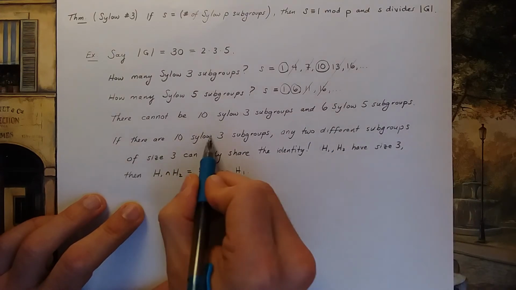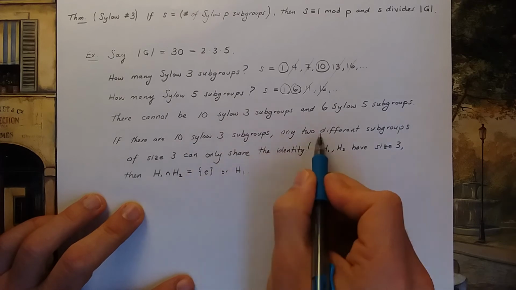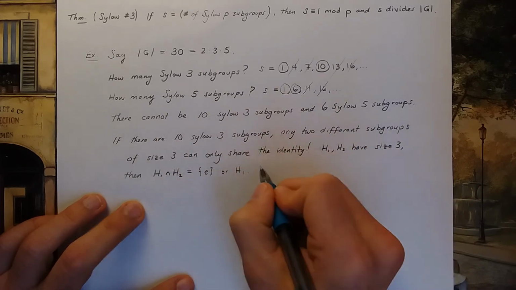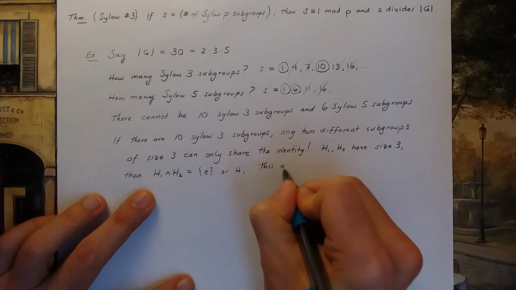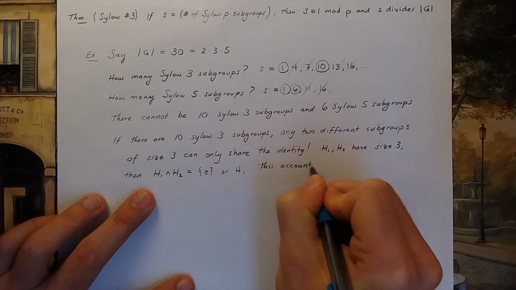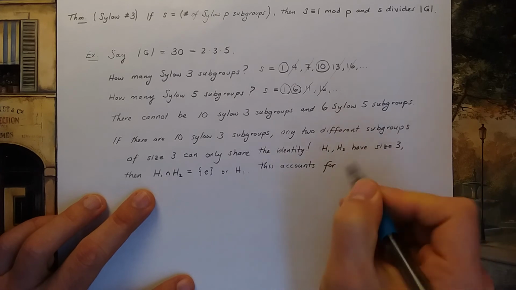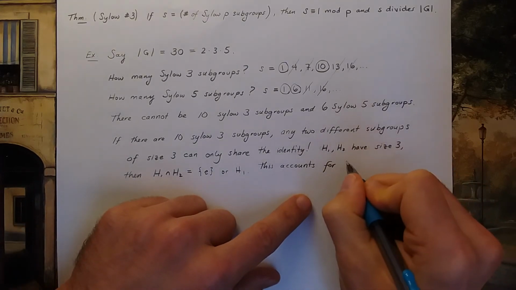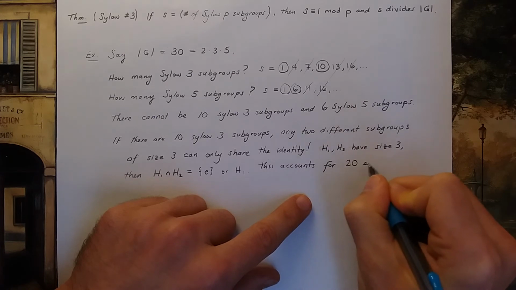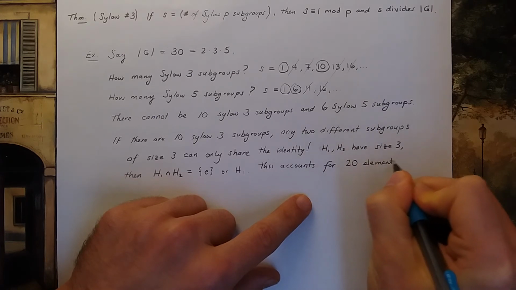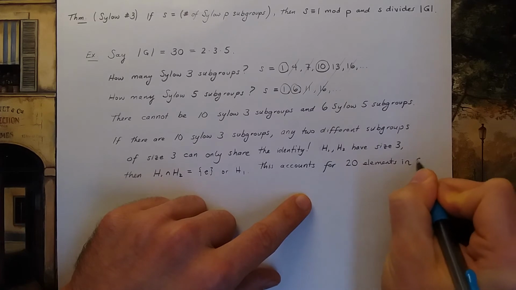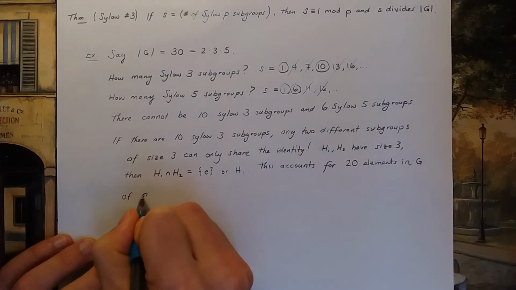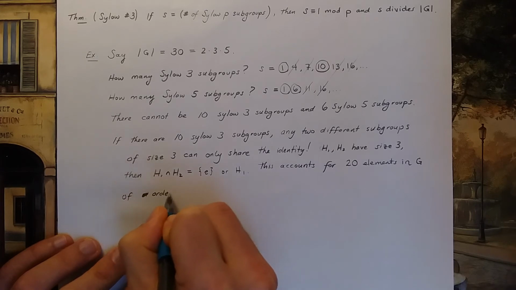So if I have 10 Sylow 3 subgroups, any two of them can only intersect in the identity. This accounts for 20 elements in G of order 3.